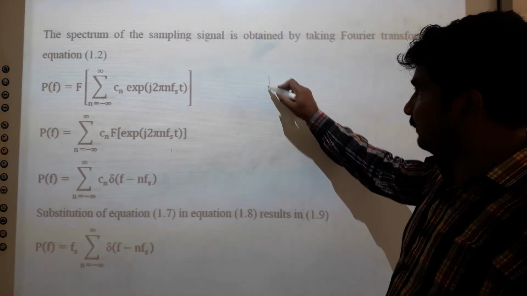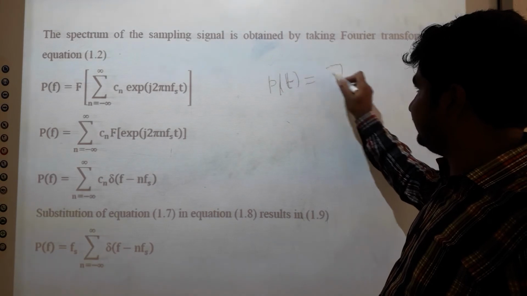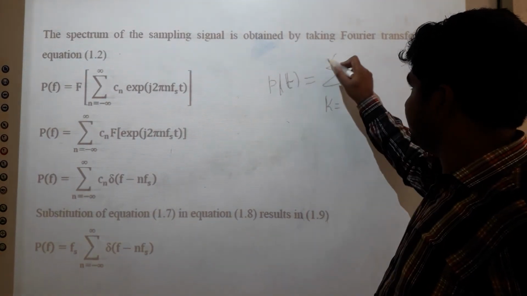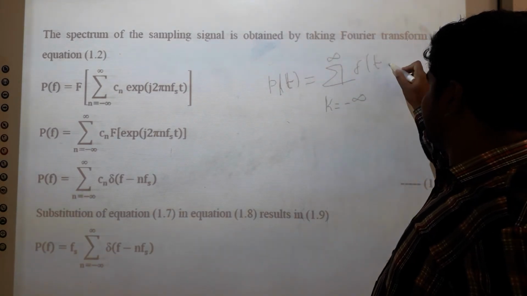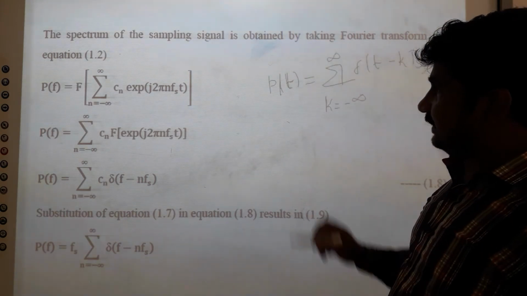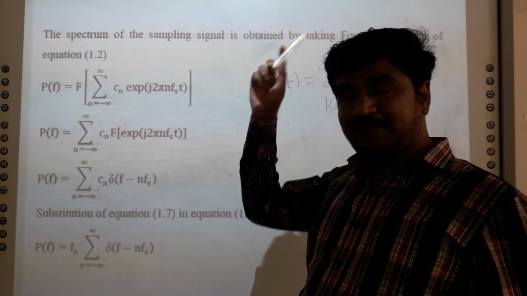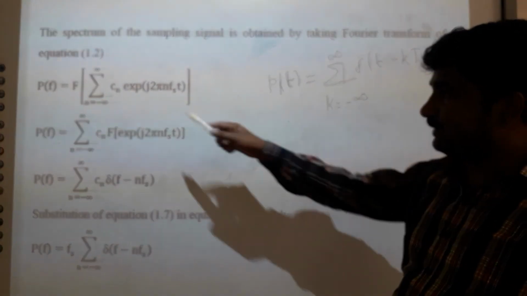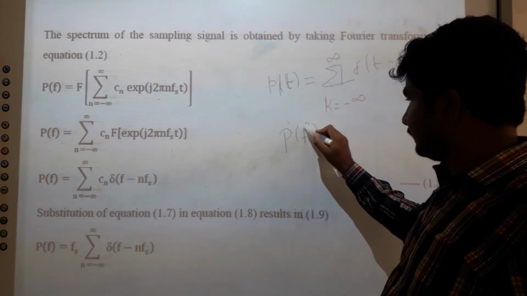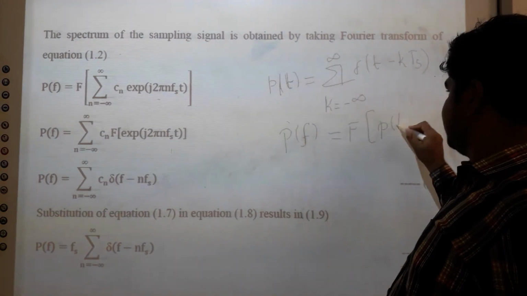the sampling signal. So we know that the sampling signal in time domain is represented by P of t is equal to summation of k equal to minus infinity to infinity del of t minus kTs. If you take the Fourier transform of this signal, P of f is nothing but the Fourier transform of P of t.